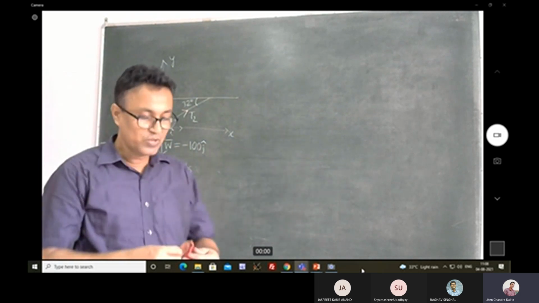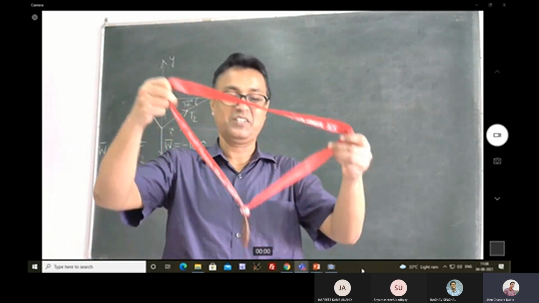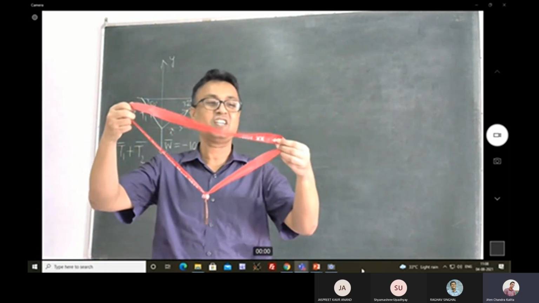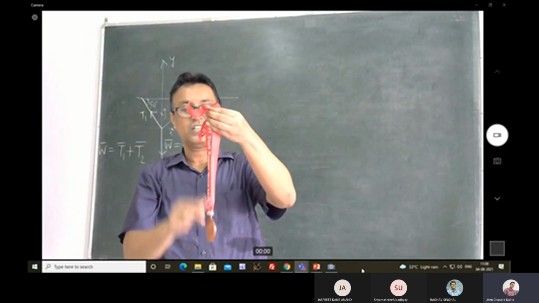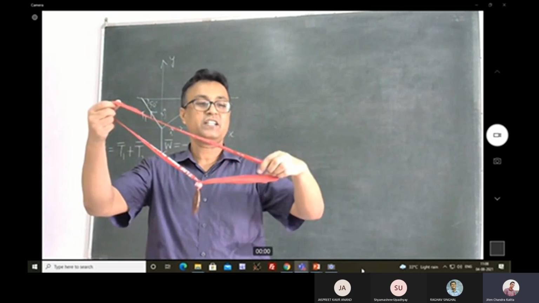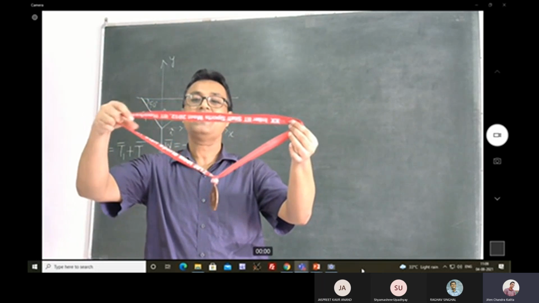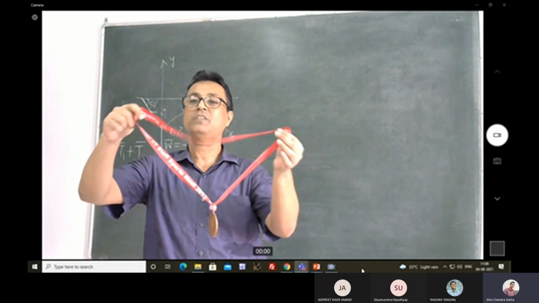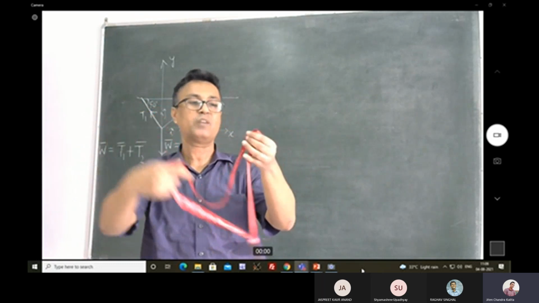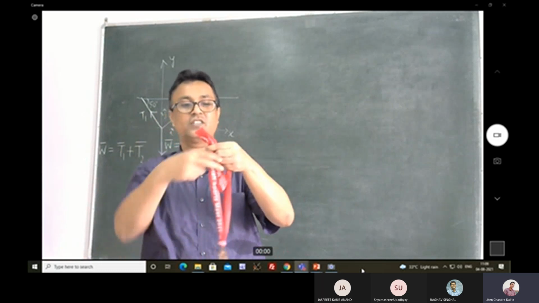So now today I have the problem. This is exactly the situation. You can see that this is the weight. This you can consider to be W, and the weight is being held by this string in such a way that there is going to be some upward pull along this direction and along this direction.